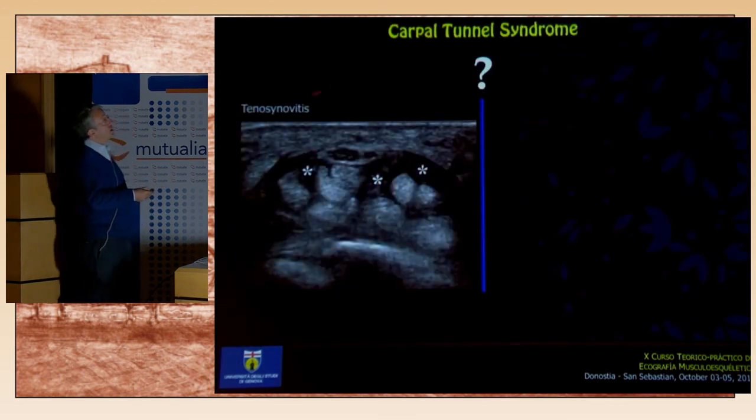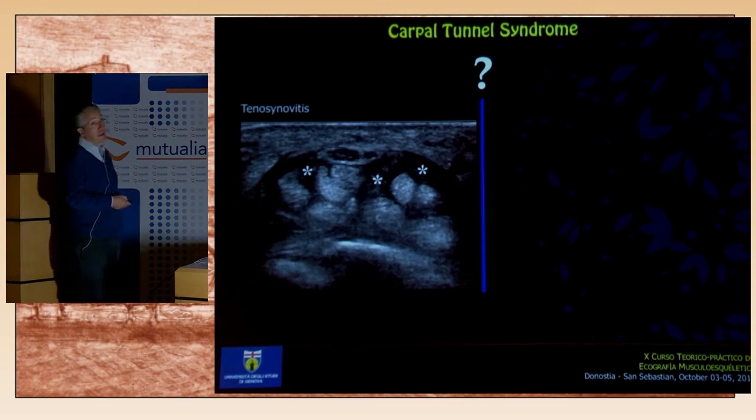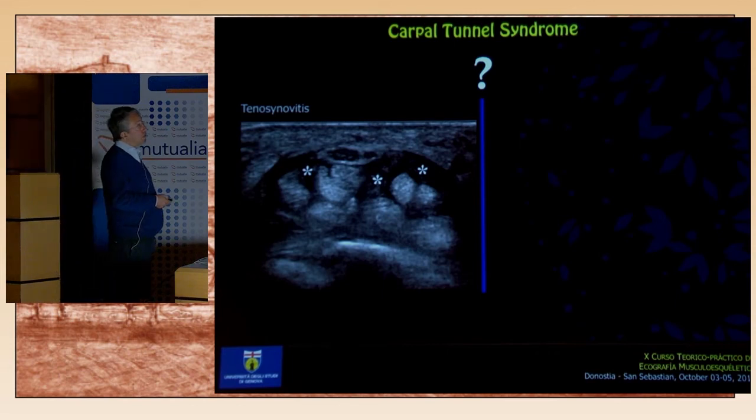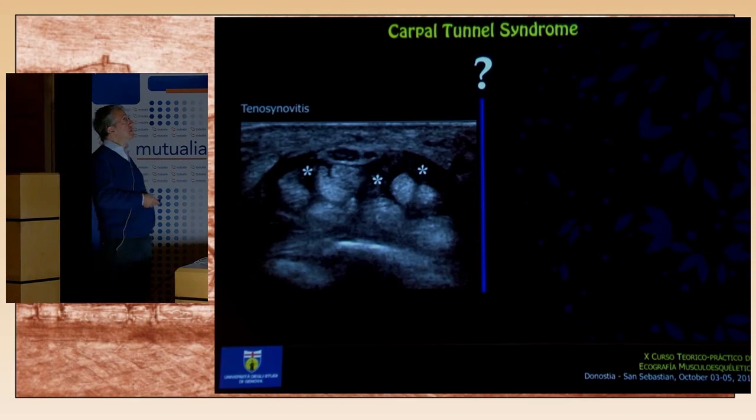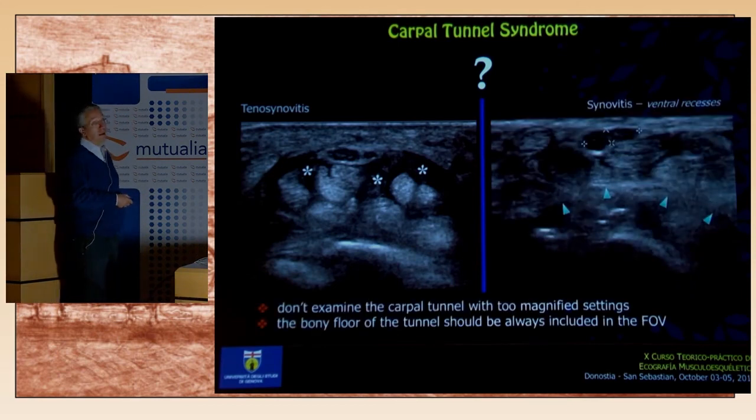Then there are overt cases, but my suggestion is anytime you of course spend the time to check the flexor tendons when you scan the median nerve for carpal tunnel syndrome, but be accurate and go down, check the floor, because in some instances you can have pathology at the level of the floor.